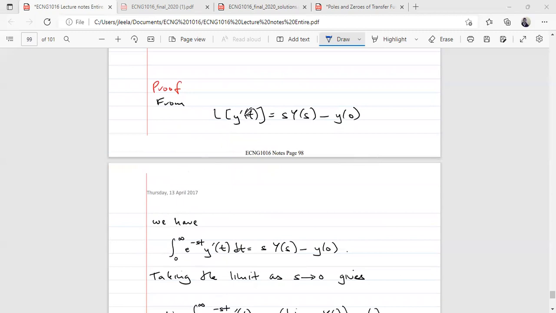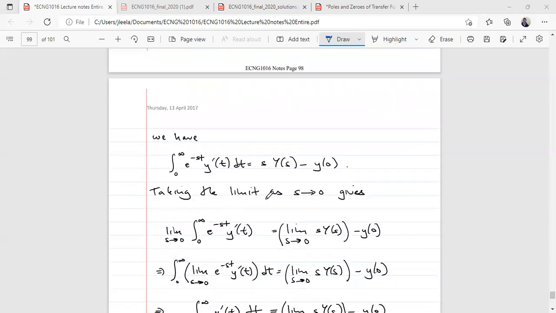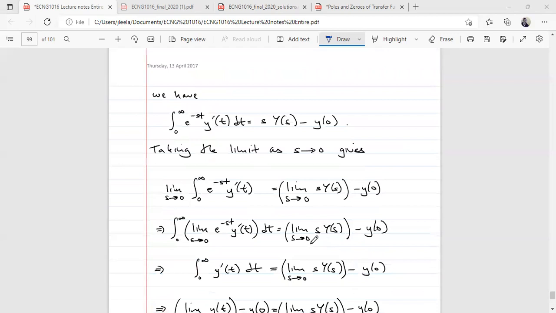And we know that the left-hand side, by definition, is the integral between infinity and 0 of e^(-st) y'(t) dt, which equals sY(s) minus y(0). If we take the limit as s approaches 0 on both sides, we get the limit as s approaches 0 on the left-hand side, and the limit as s approaches 0 of sY(s) minus y(0) on the right-hand side.